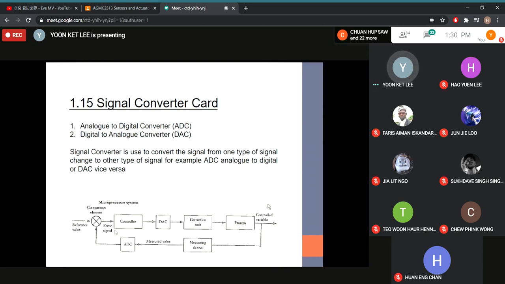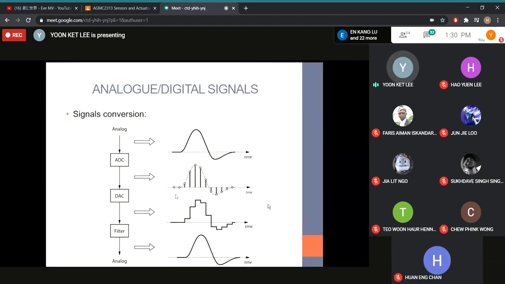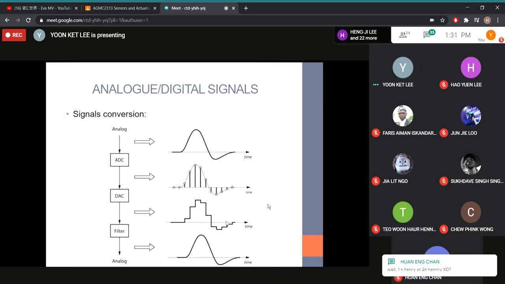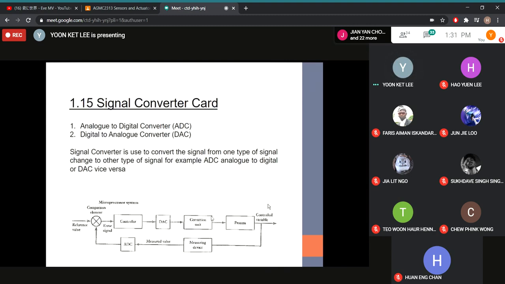That's why we need another converter called an analog to digital converter, ADC, in order to convert into this form. When you convert to this form, this will give a definite figure to the CPU for processing. Do you guys get me?